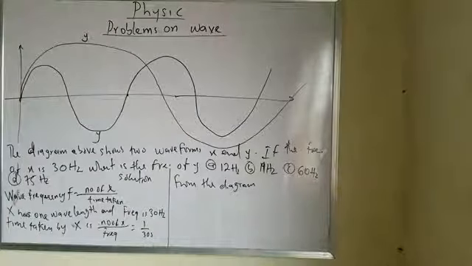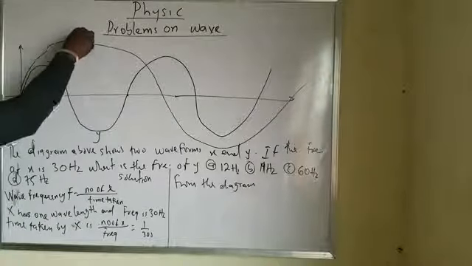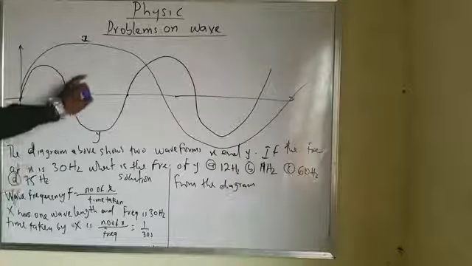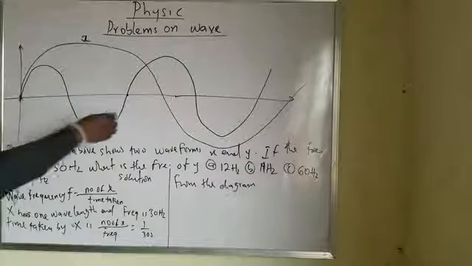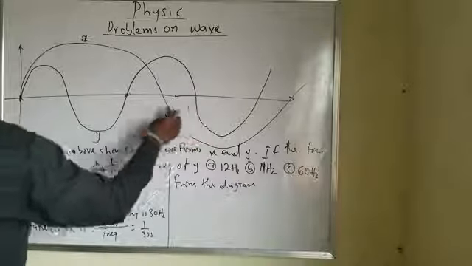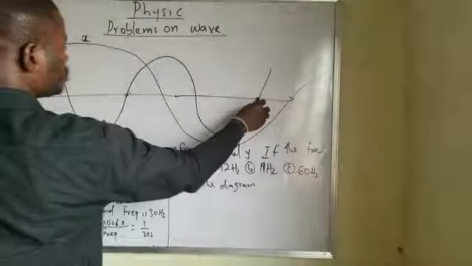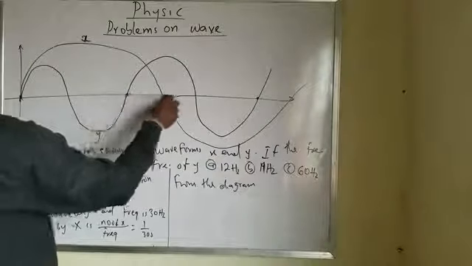this is Y, sorry, this is X. From the diagram, Y has how many? We have one, two. From here to here is one. From here to here is another one.